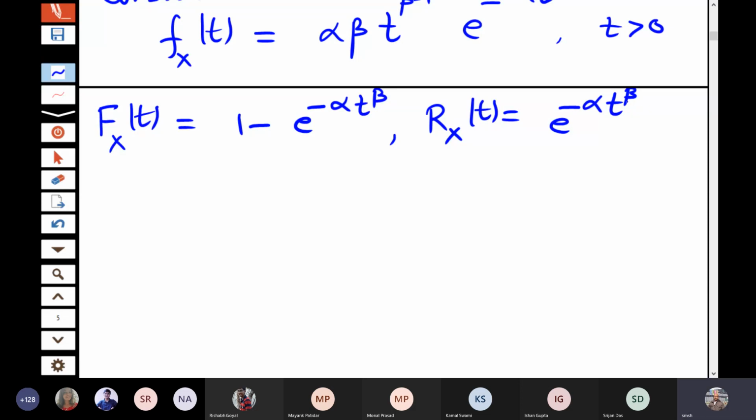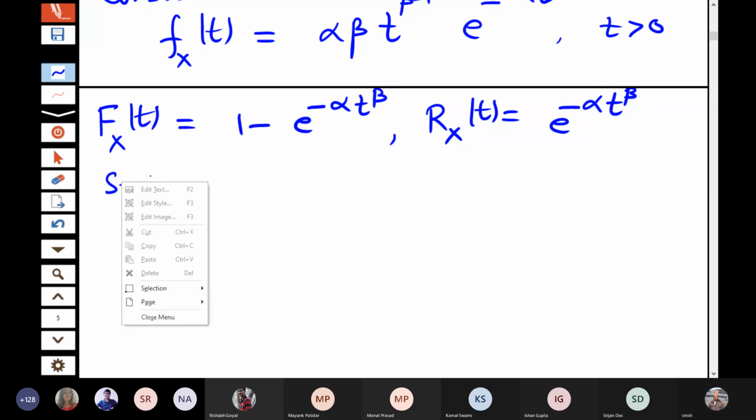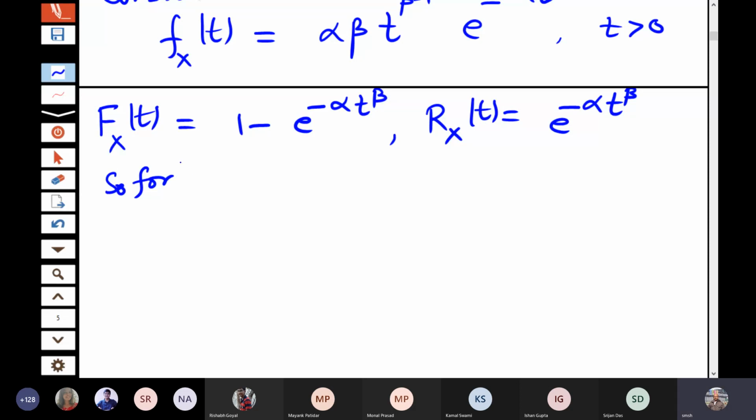And if beta is less than 1, then it will go slower to 0 compared to exponential distribution. So you can have different analysis here. For beta equal to 1, it is exponential.